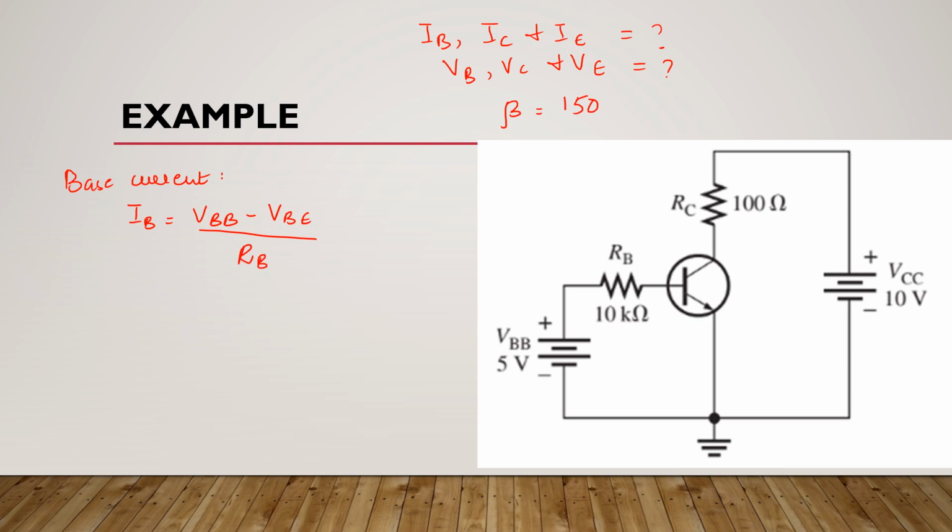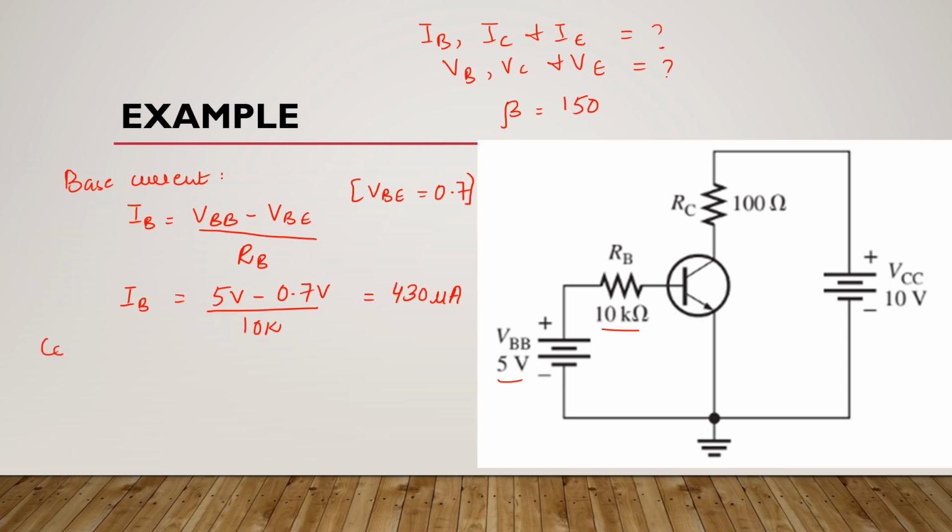Here, as you can see, VBB is 5 volts and we know that the value of VBE is assumed to be 0.7 volts. It means here we will write 0.7 volts, and this RB is 10 kilo ohms. After solving this, you will get 430 microamperes, which is the base current.